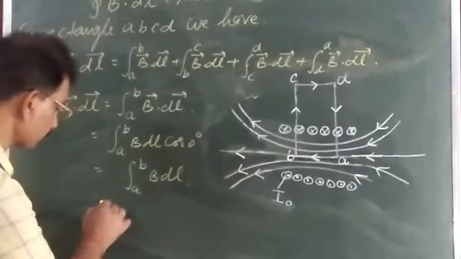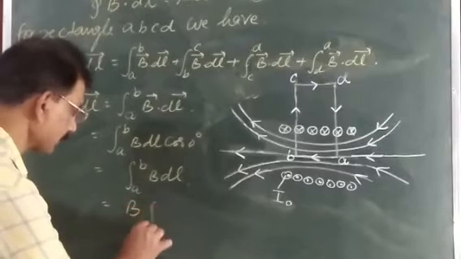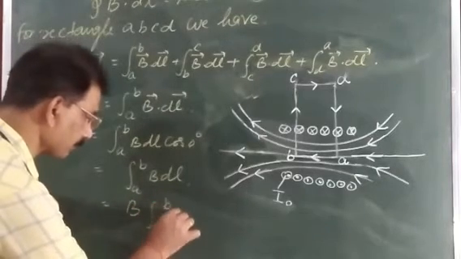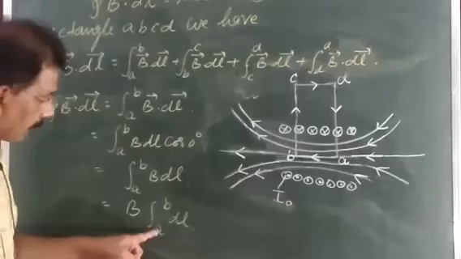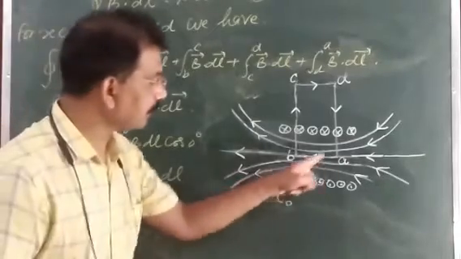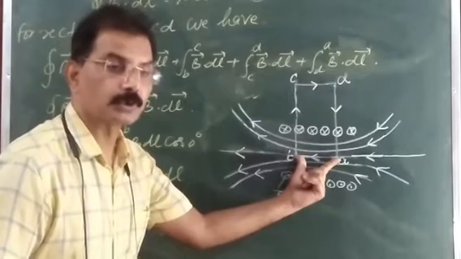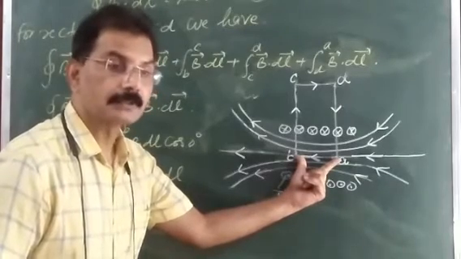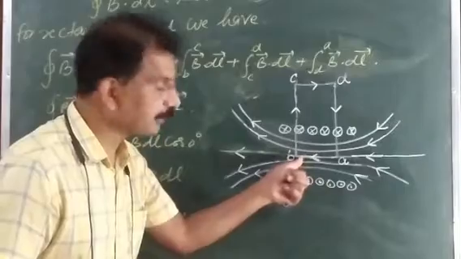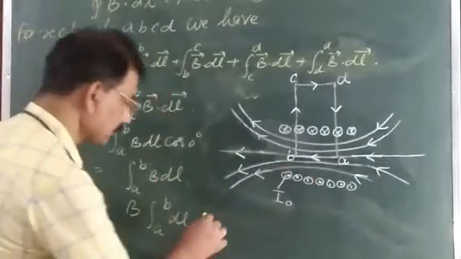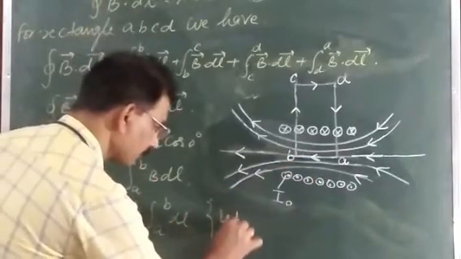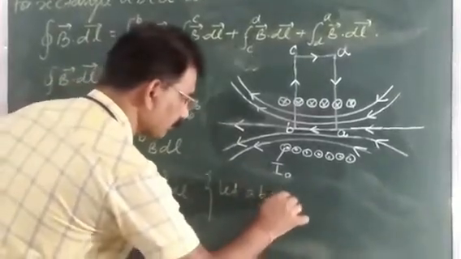And finally this is equal to, take B outside, A to B integral of dl. What is A to B integral of dl? It means the total length of AB. And let the total length AB be equal to x.